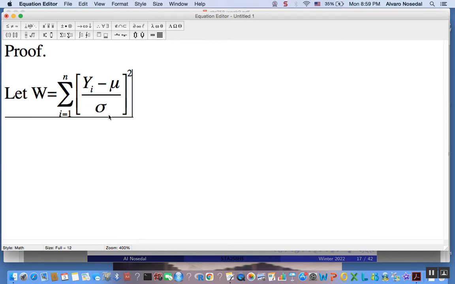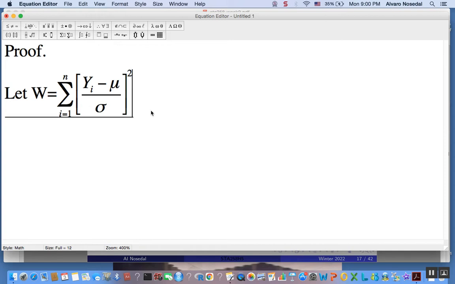And we have also shown that the sum of n chi-square distributions with 1 degree of freedom is going to have a chi-square distribution with n degrees of freedom. So W is going to have that distribution, a chi-square with n degrees of freedom. We can easily show that; we have actually already shown that using MGFs.